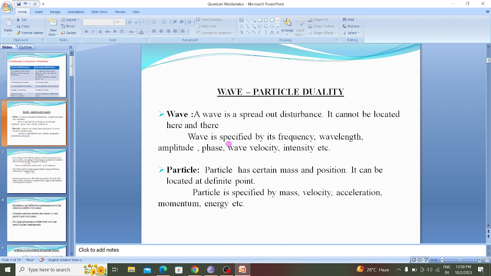So a wave is specified by some parameters, a particle by other parameters, and waves and particles are quite different. But we are saying that waves and particles exhibit dual nature. We'll see how it is possible.